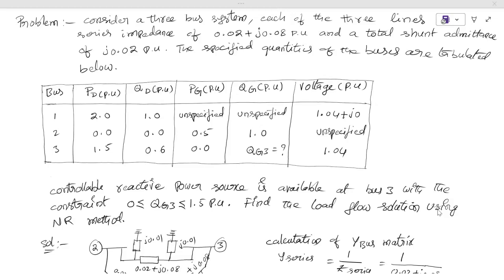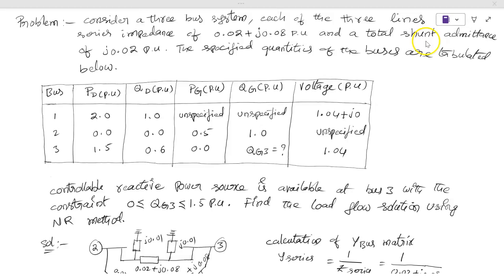Then a numerical problem on the Newton-Raphson load flow method. So now this is the problem. See what they have given here. Consider a 3-bus system, each of the 3 lines having series impedance of 0.02 plus j 0.08 per unit and a total shunt admittance of j 0.02 per unit.